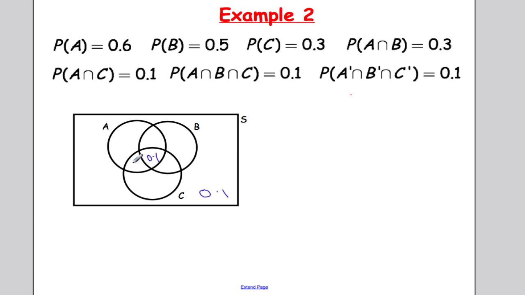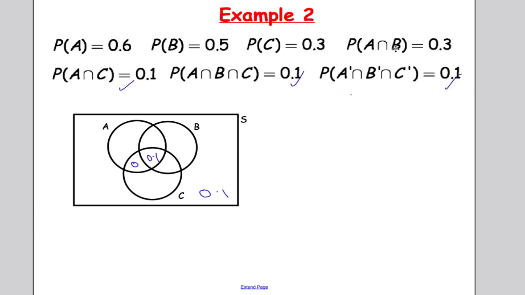So the bit that's left must be 0, because the total probability for A intersection C is 0.1, and that still holds true. And A intersection B intersection C is 0.1, so that still holds true. So we're good with these three so far.